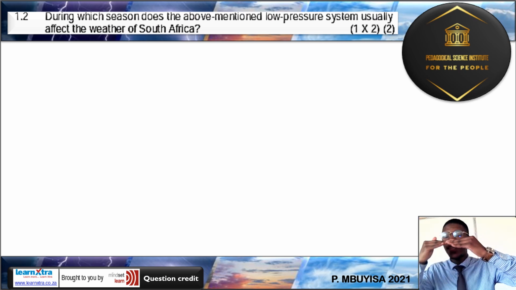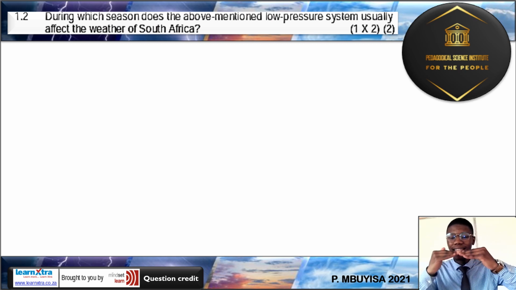Which means when the subtropical anticyclones are pushed further south, when the ITCZ comes to the southern hemisphere, they block these mid-latitude cyclones that have formed between 30 and 60 degrees from passing towards the interior. As a result, we won't have mid-latitude cyclones affecting us in the summer season. It does not mean that they are not there. They are there, but they can't affect us because of these blocking systems.